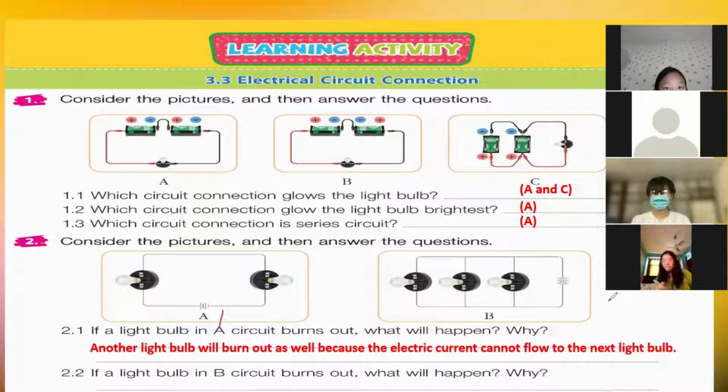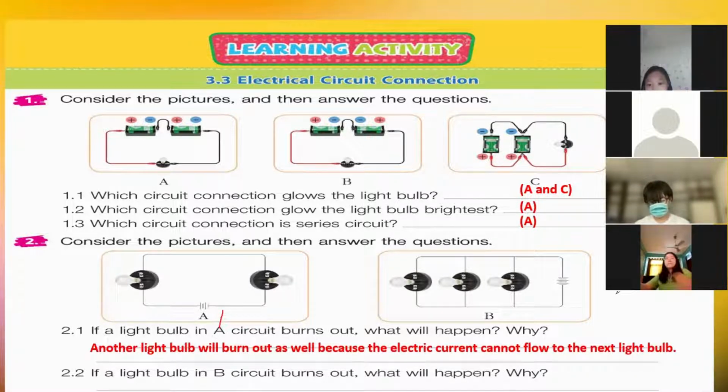In circuit B, they have more than one pathway. So what will happen? Have your answer, please. There will be one light bulb shut down, but the others will still glow.